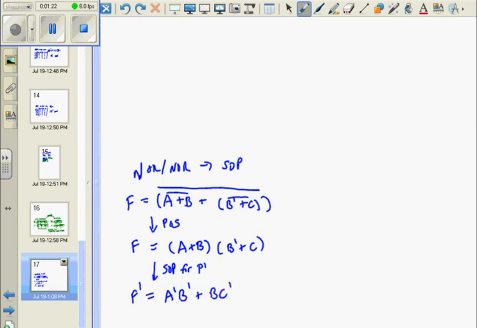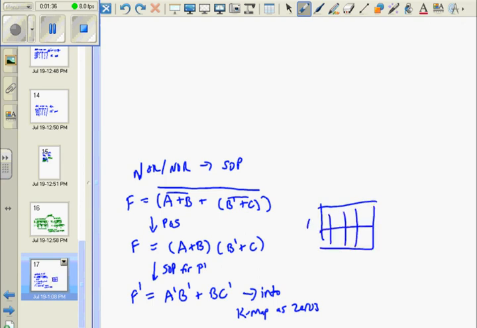Now we can go ahead and put this in the K-map as zeros. So this is a 3-variable K-map. We've got our A0, B0, and this was C. So A0, B0, remember we're entering zeros because this is an equation for F0.